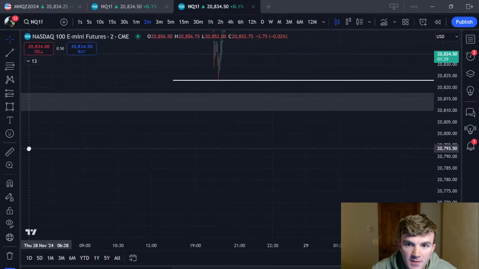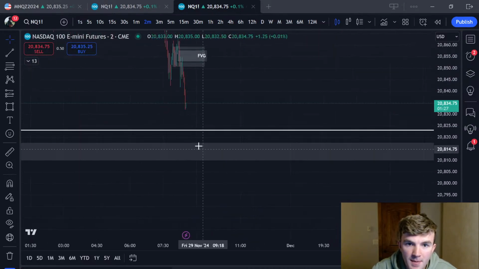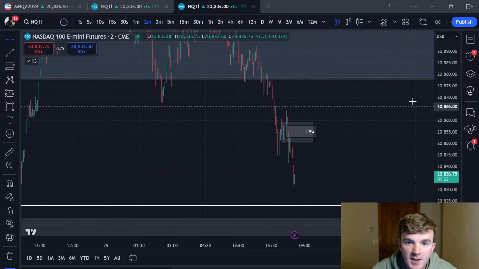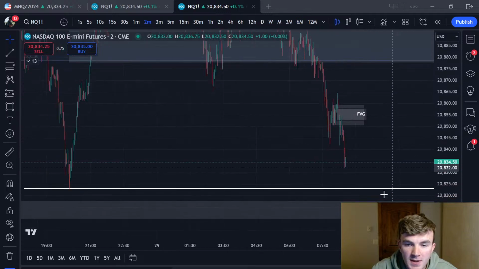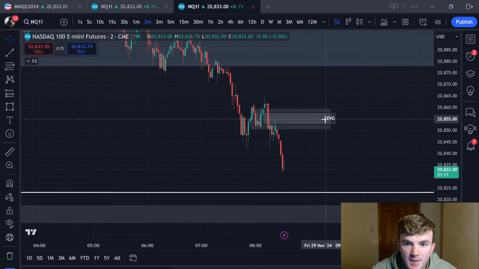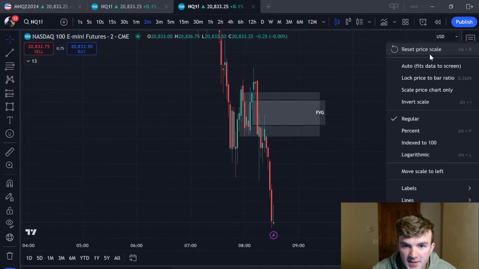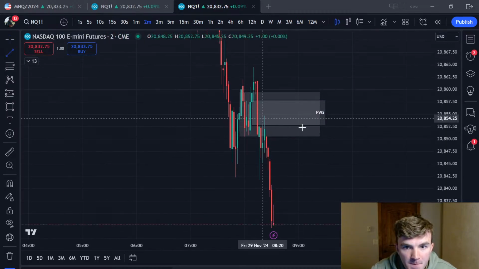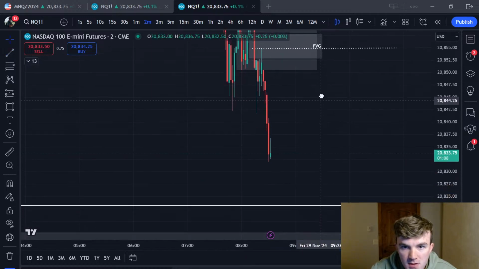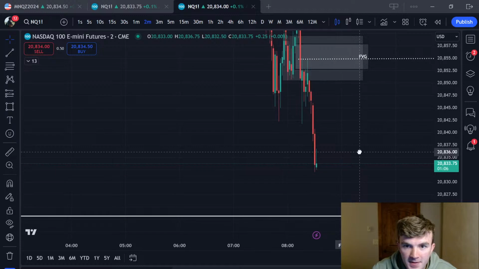So I would be looking for a pop into this fair value gap, and then possibly if we inverse back to the upside, maybe we'll target, I don't know, probably these relatively equal highs here. That's what I would say, honestly.